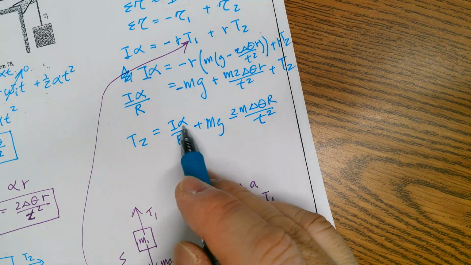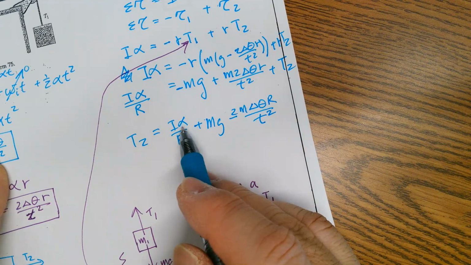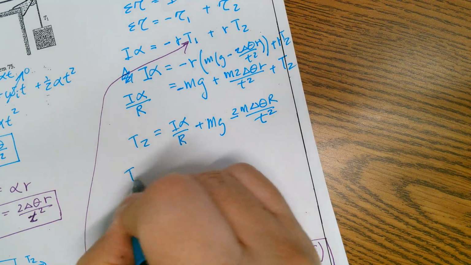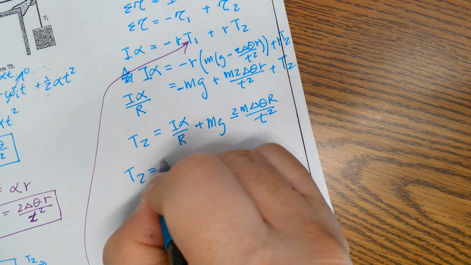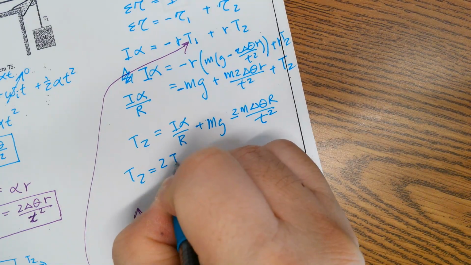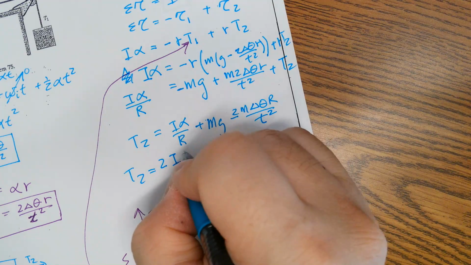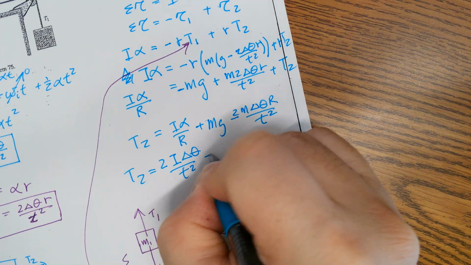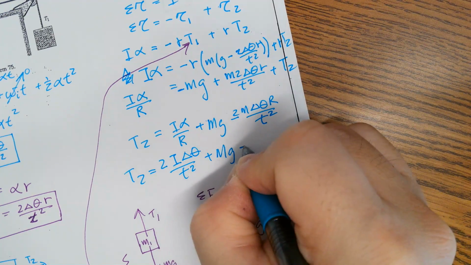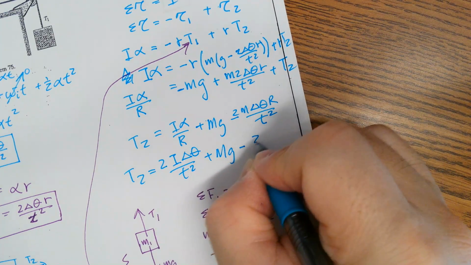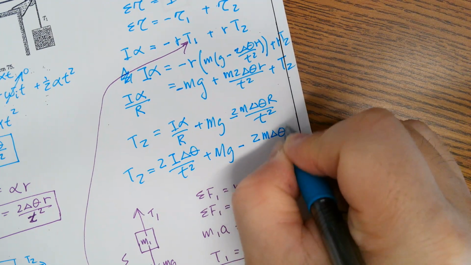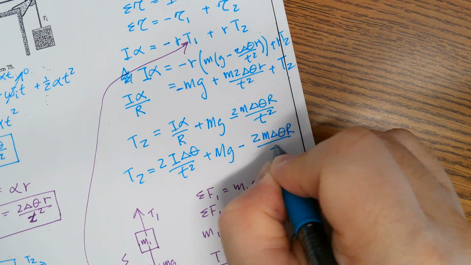And since they don't want this alpha, you have to replace that with 2 delta theta. So T2 is equal to 2 times I delta theta over T squared plus mg minus 2 m delta theta r over T squared.